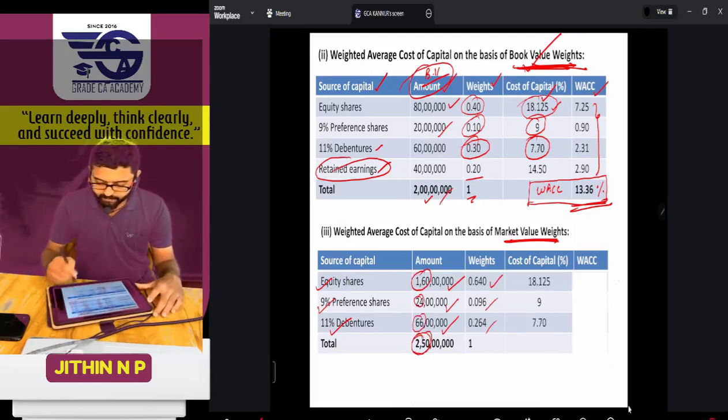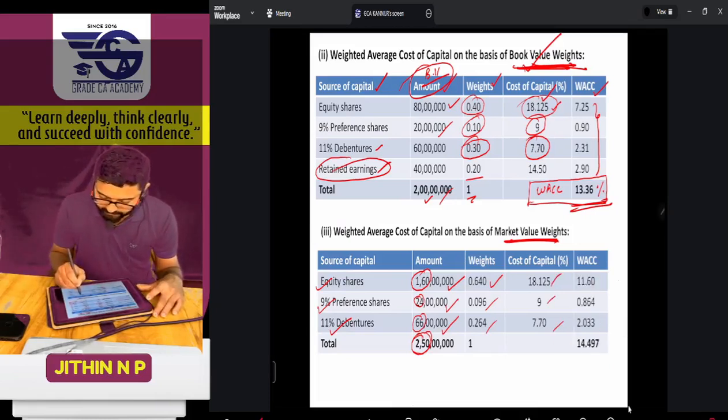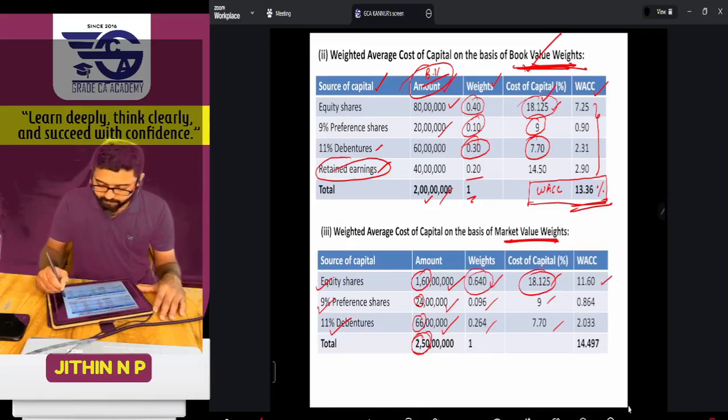Cost of capital, same. Listen here, same cost of capital you should put here. Weighted average cost of capital: 18.125 into 0.640 is 11.60, 9 into 0.096 is 0.864, 7.7 into 0.264 is 2.033.